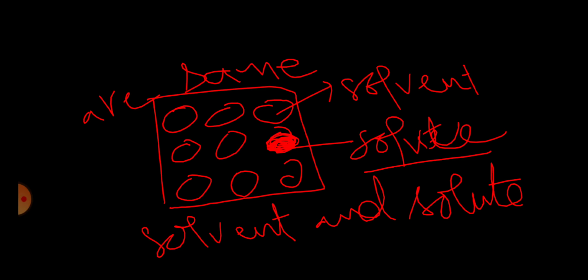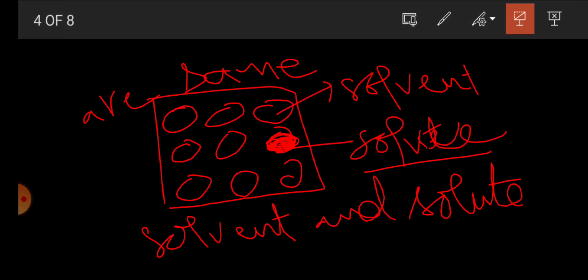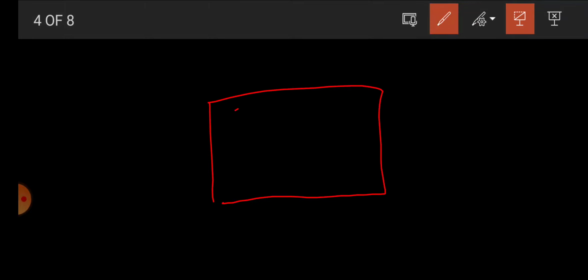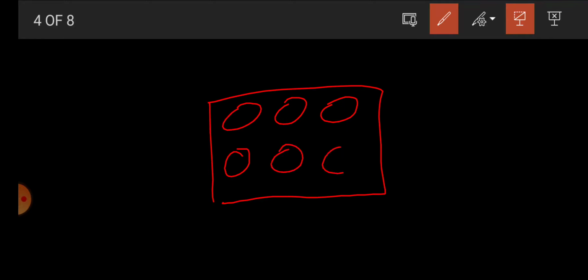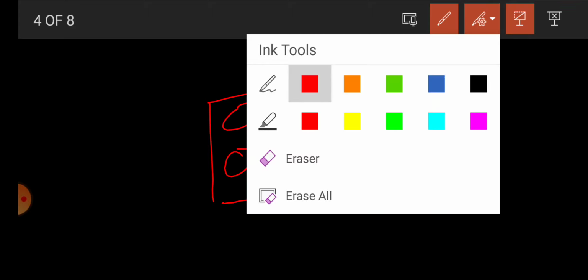So let's see how it is possible. See the diagram again so that you can be clear. Think that there are six solvent molecules and one solvent molecule is replaced by another one.